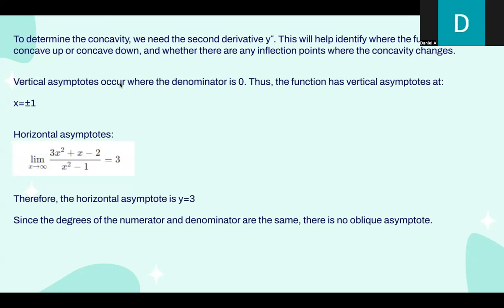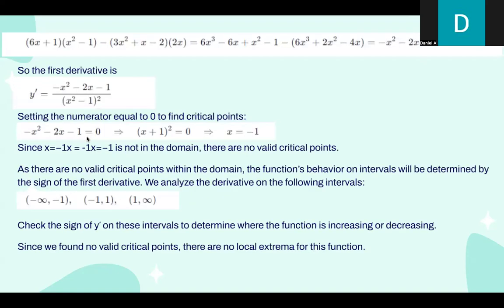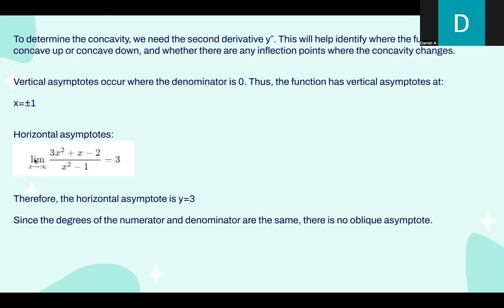Since vertical asymptotes occur where the denominator is 0, the function has vertical asymptotes at x = ±1. For horizontal asymptotes, the limit as x approaches infinity of (3x² + x − 2)/(x² − 1) equals 3.